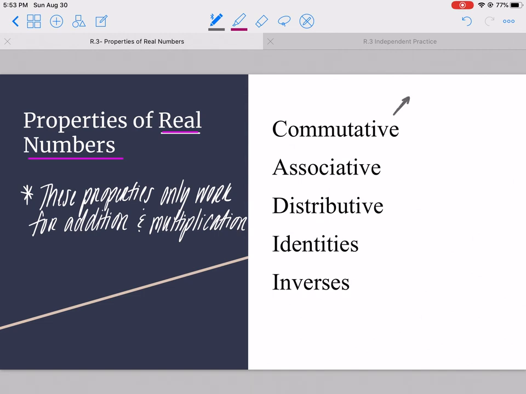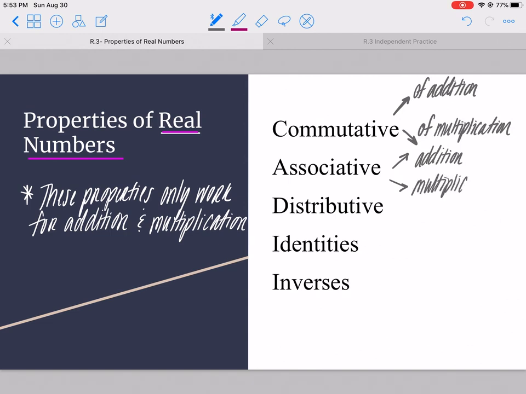The commutative property, there are 2 parts of it. There's the commutative property of addition. We'll learn about that in a second. And there's the commutative property of multiplication. Okay, same with associative property. So there are 2 parts, addition and associative property of multiplication.